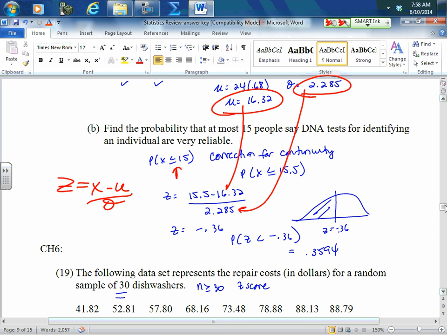We don't need to divide by the square root of n because we've already included that in your n times p times q. You find your z-score and you find your area to the left. If it says probability, it wants the area. Probability, remember, is between 0 and 1, and it's never negative. Good?